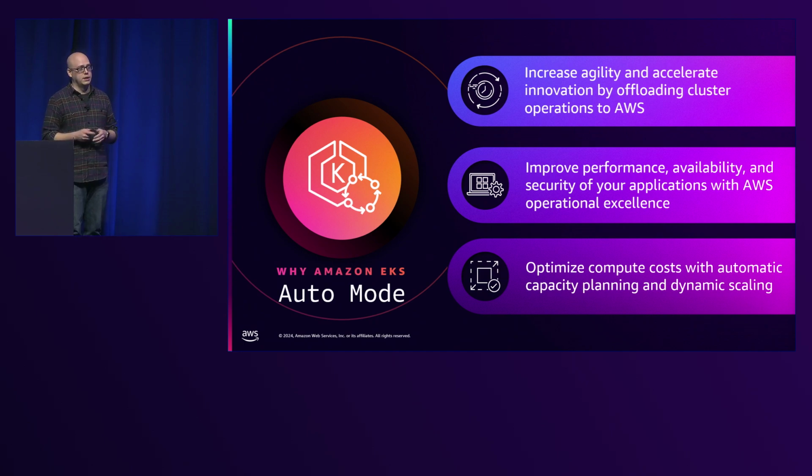So you don't have to think about what sort of scaling policies you have to apply to an auto-scaling group. This will do it for you. And finally, this really does help you optimize costs by automating the capacity planning and dynamic scaling. You don't have to say, okay, what's the best type of node that I need for my workload? We'll determine that based on the requests in your Kubernetes pod.